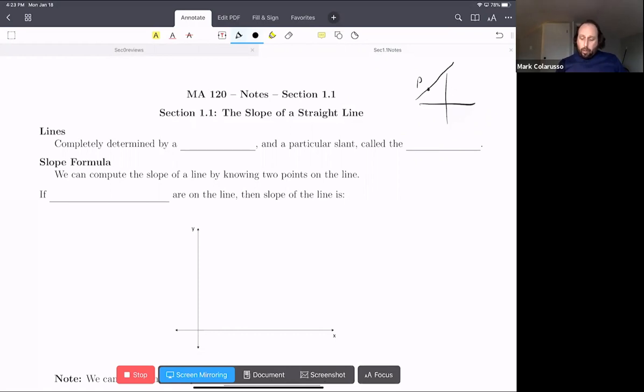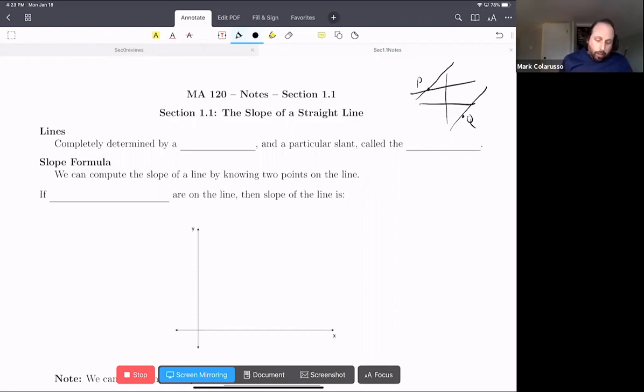Or I could have taken the same point and drawn a line with a slightly different slant or a slightly different direction, if you like. Or I could have chosen another point, say Q, and drawn a line like this. So to determine a line, you only need to know a point on the line and a particular direction or slant of the line. And that's called the slope in more precise, fancy terms.